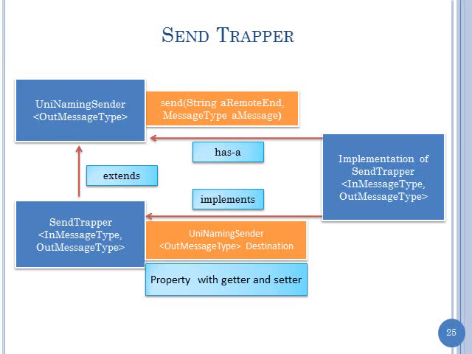That's what a trapper is, right? It's just passing the message to somebody else, so it has a reference to somebody else that implements the same interface that it does. And that's how you can fake out some runtime inheritance, because you can pass a reference to a thing that implements that interface, and you decide at runtime.